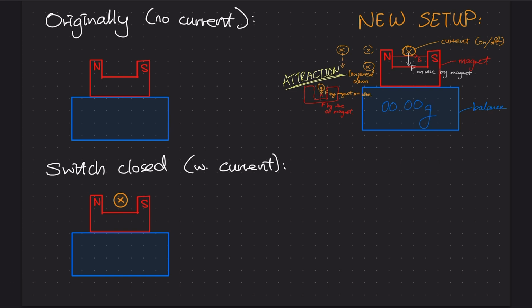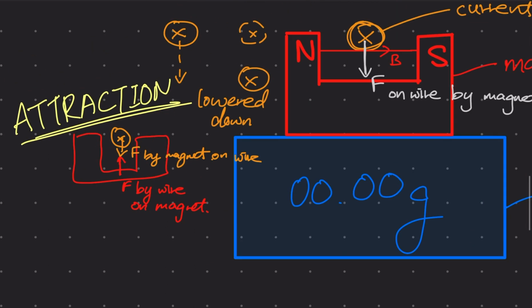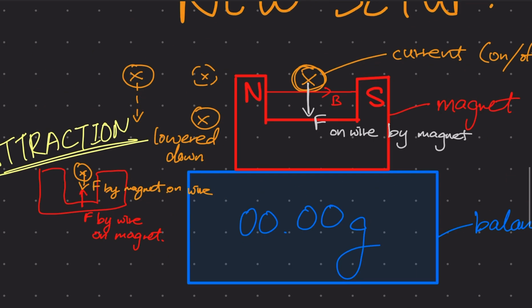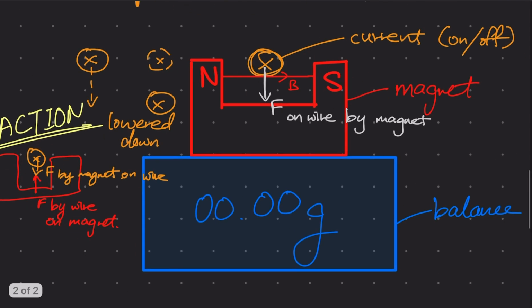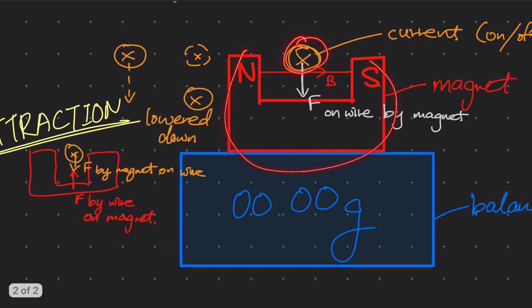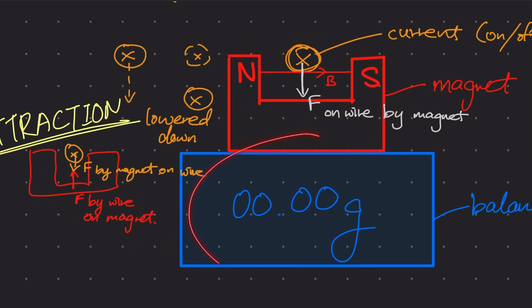Well, actually there are more forces in play, because now we only consider the force between the wire and the magnet, but we haven't considered the balance properly yet. Because if you think about it, the balance will produce a reading, right?